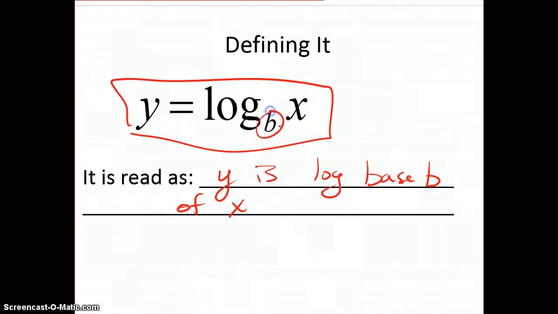So this is what we call the base. And I do want you writing this. So it's y equals log base b of x. So the base is always down below. It's represented by b. And really, how we're going to use this helps us define what it is.